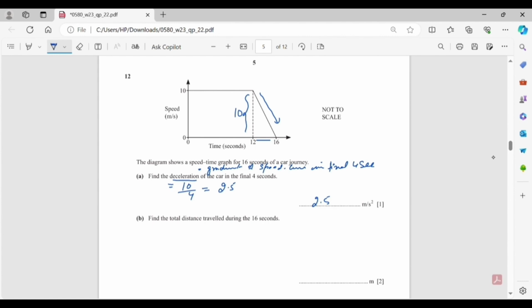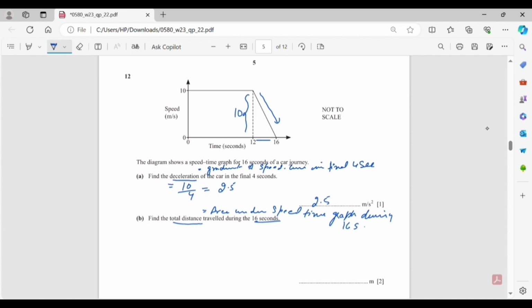Find the total distance traveled during the 16 seconds. So total distance will be equal to the area under the speed time graph during 16 seconds. The figure is a trapezium.